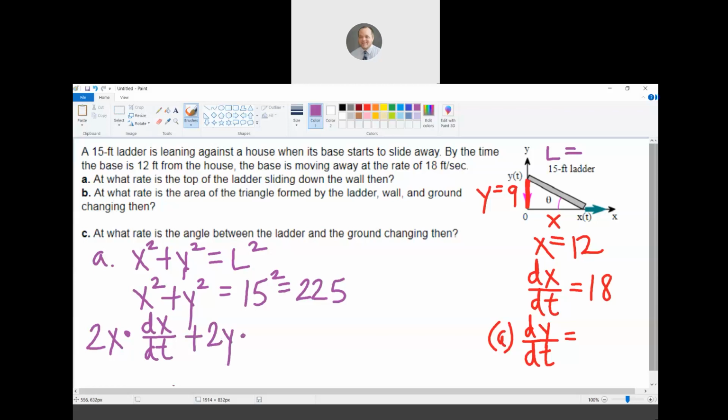And because you're taking the derivative of y also with respect to time, you include the ratio dy over dt. And on the right-hand side, the derivative of 225 is 0.